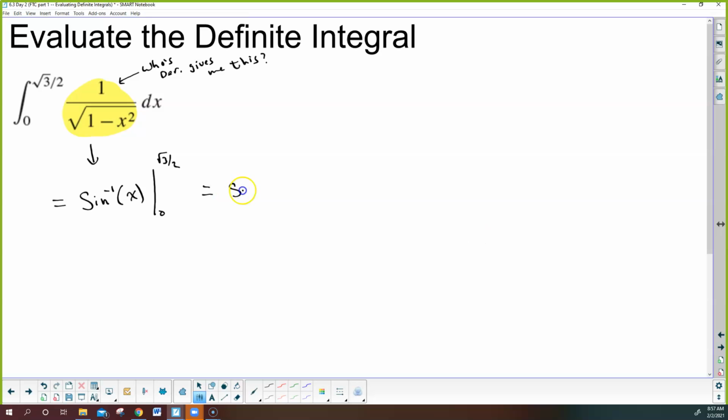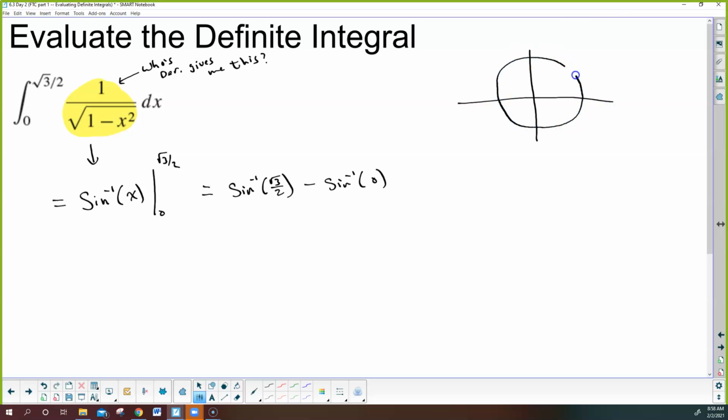And then how do we evaluate this? There's more than one way, but I'm going to evaluate the upper bound minus the lower bound. And then I'm thinking, well, whose ratio of sine gave me square root 3 over 2? If you're a unit circle person, we're thinking square root 3 over 2 is the y value.